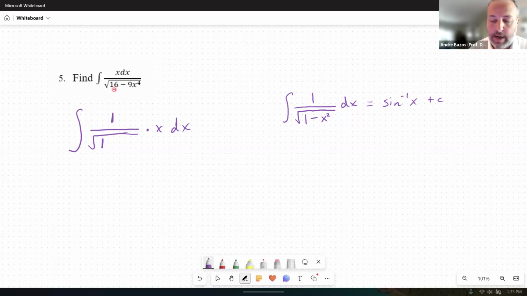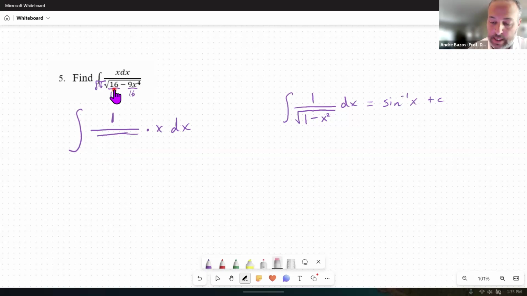But I want a 1 right here. So what I'm going to do is factor out a 16. I'm going to divide the denominator by 16. Up here, 16 and 16. And when we divide it, we're pulling it out of the bottom, so this is kind of like getting a square root of 16 in the bottom there.